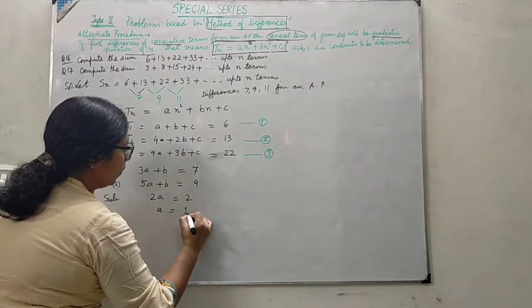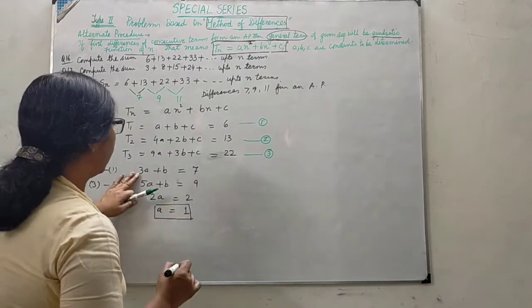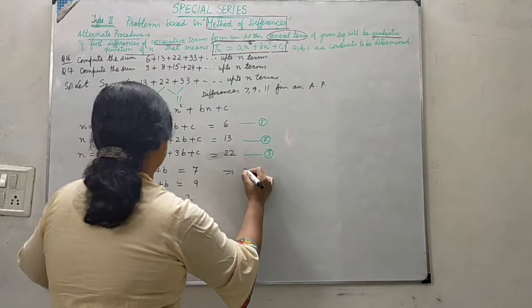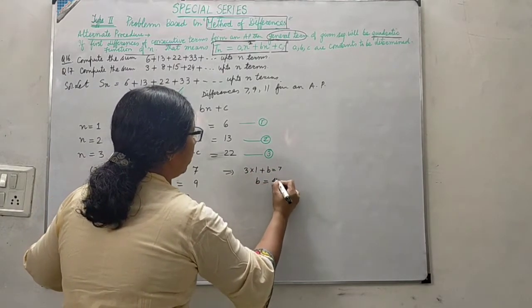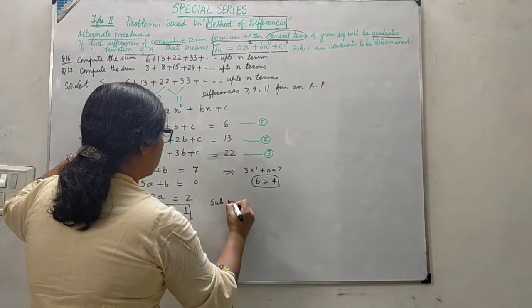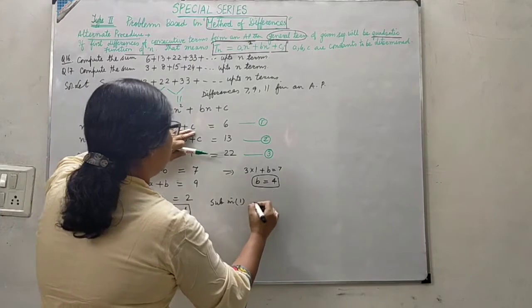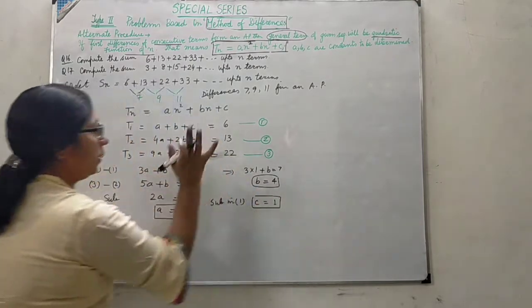So A comes out to be 1. After finding A, I can find 3 into 1 plus B as 7, so B comes out to be 4. Then substituting back in 1, we get C as again 1, since 1 plus 4 plus 1 is 6.